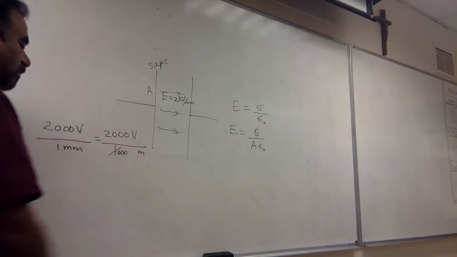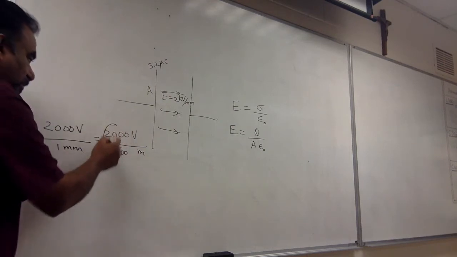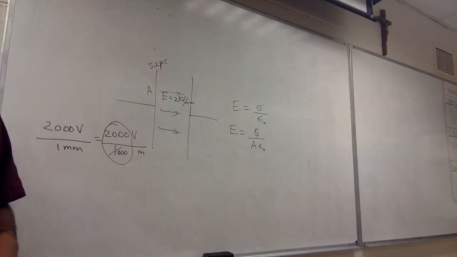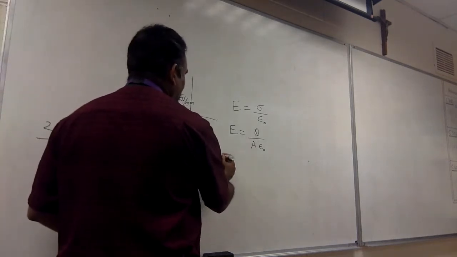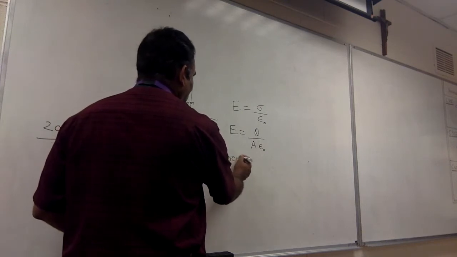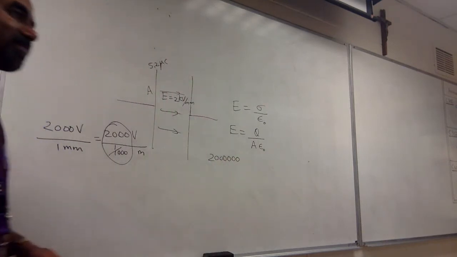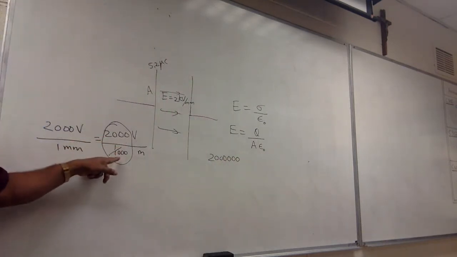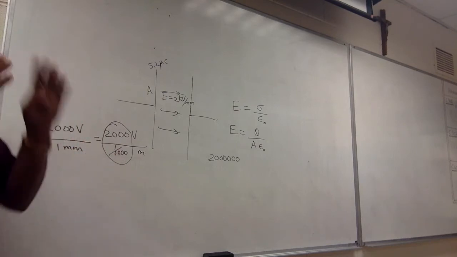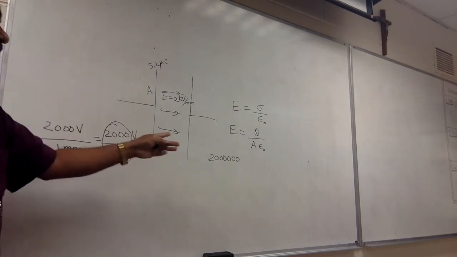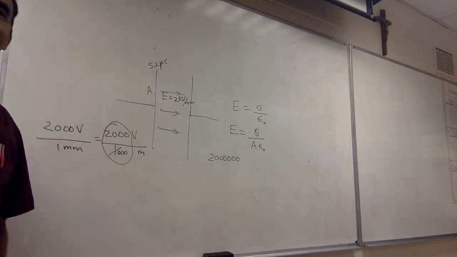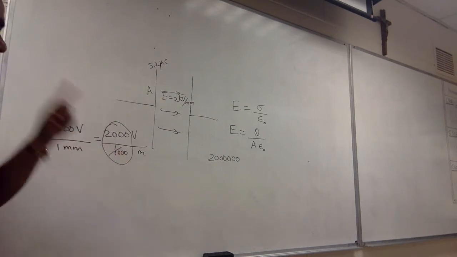Now you have it in volt per meter. That's why I said there's a chance you go the opposite way and end up getting 2 volt per meter. So it is 2 million.